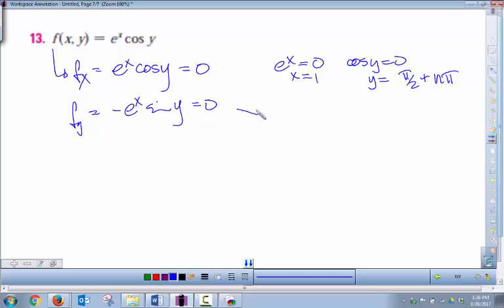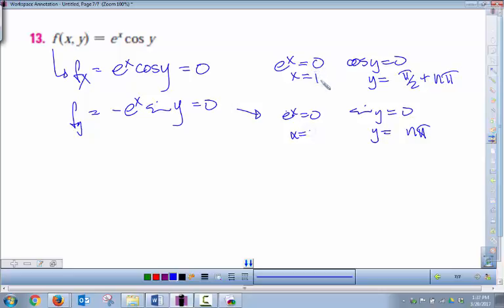And then the other equal to 0 means e to the x is also equal to 0 and sine y equal to 0. But sine y is equal to 0 at 0 plus or minus n pi. So it's equal to 0 at pi, 2 pi, 3 pi, 4 pi, 5 pi, an integer multiple of pi.